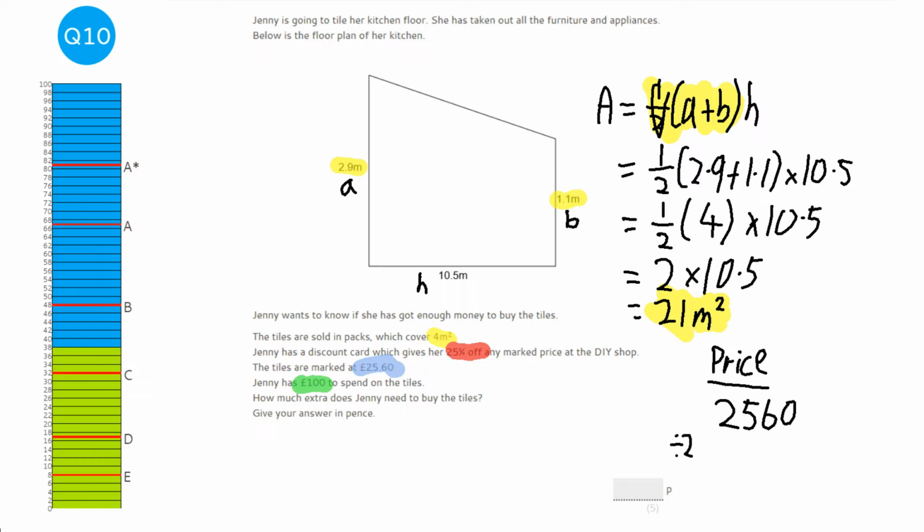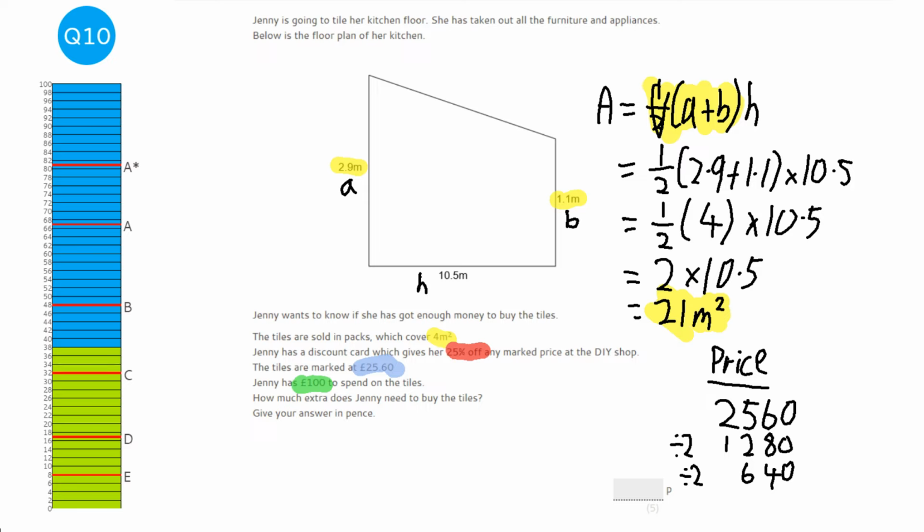So 500 divided by 2 is 250, 60 divided by 2 is 30, so that's going to be 1,280. Then we're going to divide it by 2 again, and this time half of 1,200 is going to be 600, and half of 80 is going to be 40.